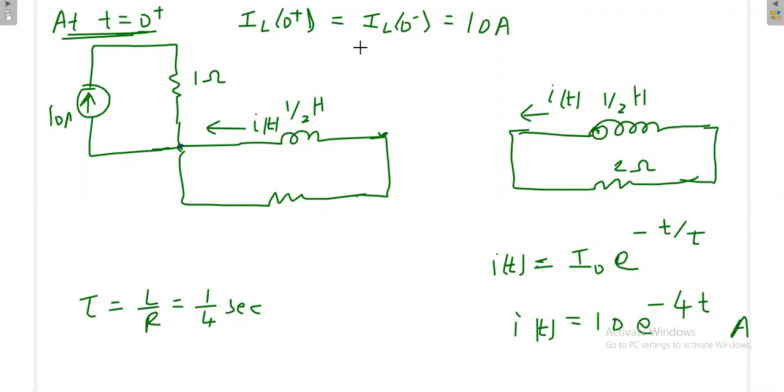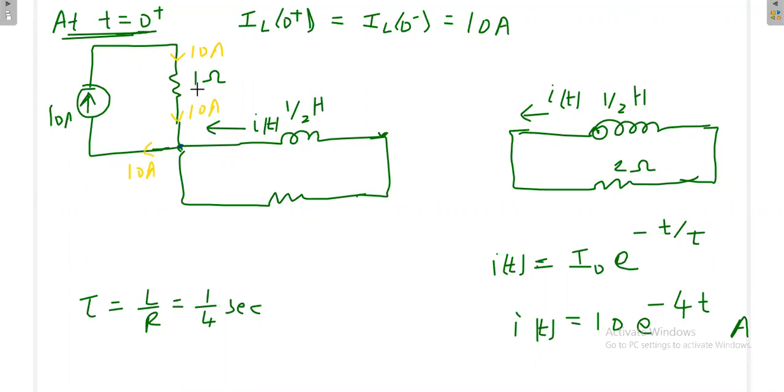Yes, we can analyze separately. This circuit will not affect the performance of this circuit, or this circuit performance will not affect this circuit, because you see here, the 10 ampere current is going this way. The same 10 ampere will come this way. If 10 ampere is going here, the 10 ampere has to come here.